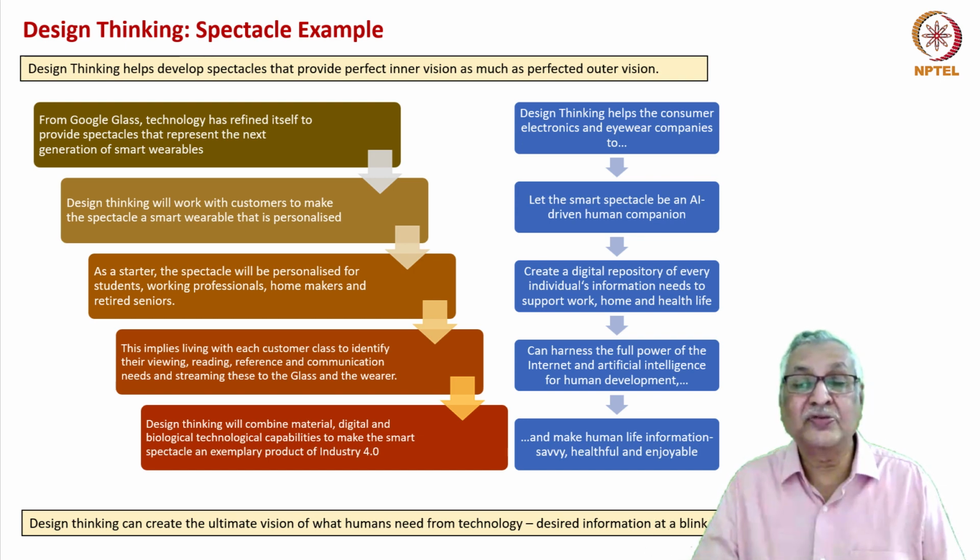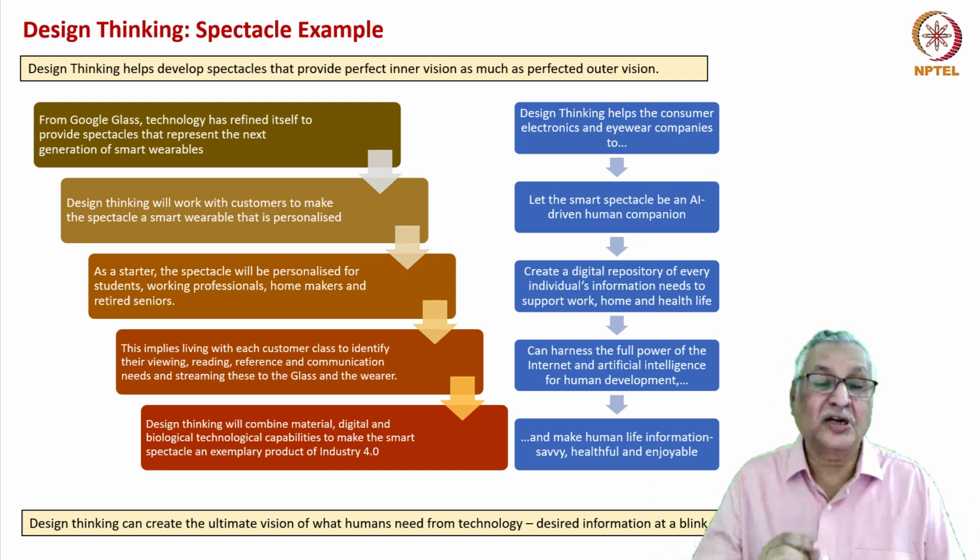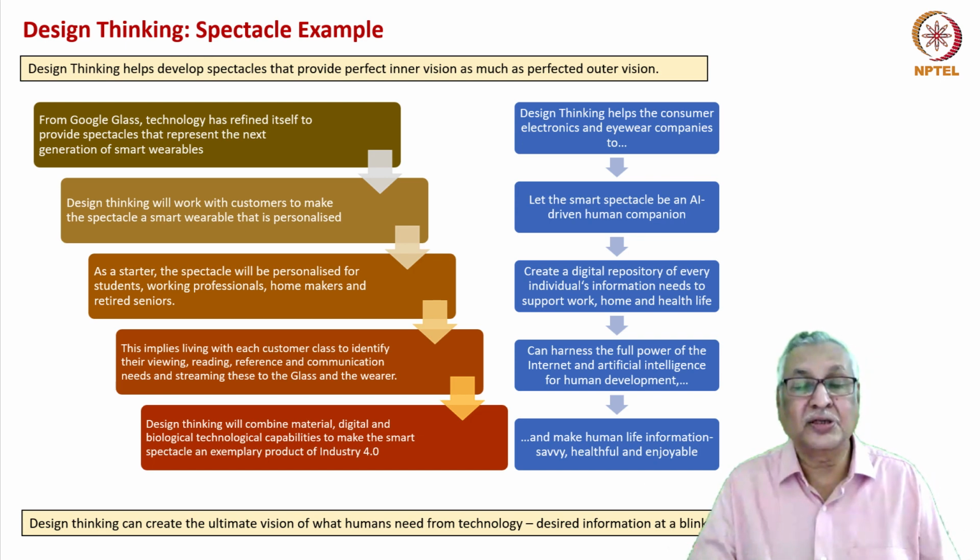This implies living with each customer class to identify their viewing, reading, reference, and communication needs and streaming those to the class and the wearer. Design thinking will combine material, digital, and biological technological capabilities to make the smart spectacle an exemplary product of Industry 4.0. So, design thinking in this case helps the consumer electronics and eyewear companies to achieve the following.